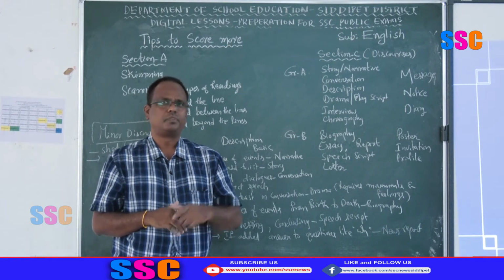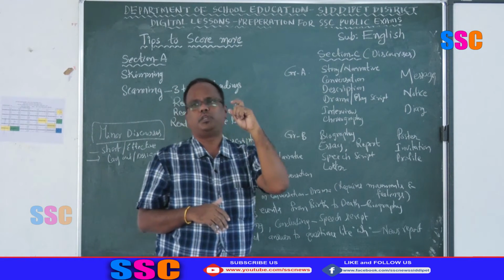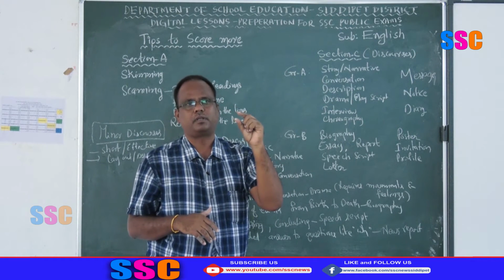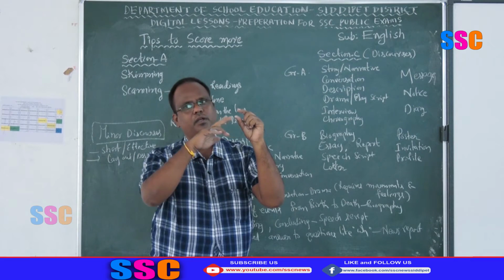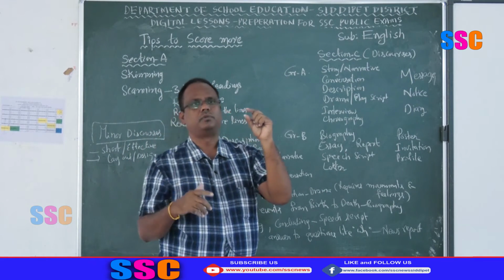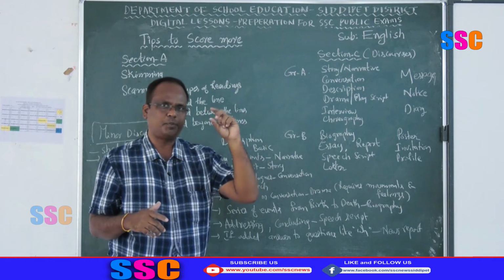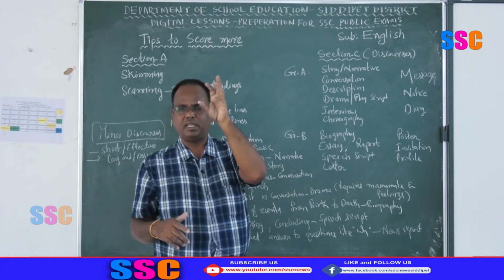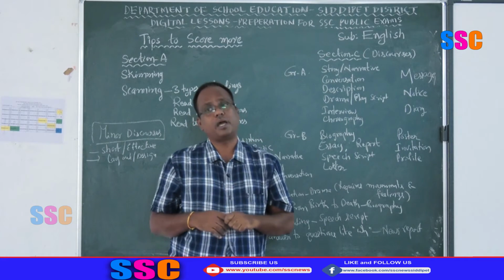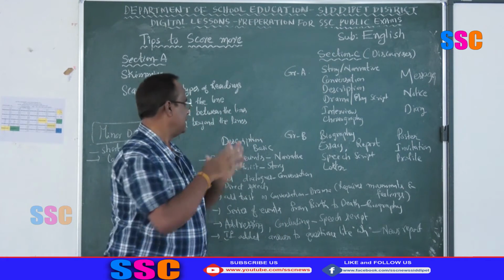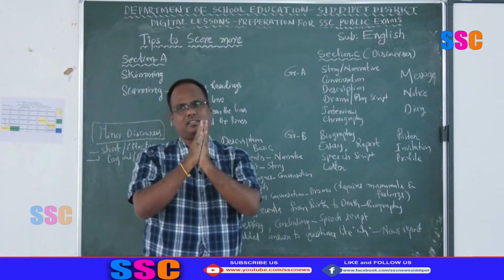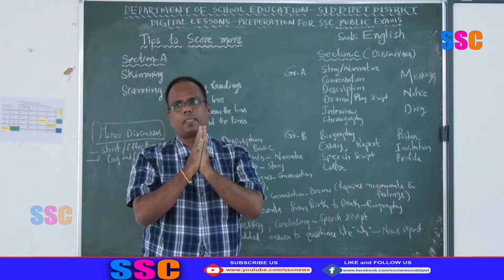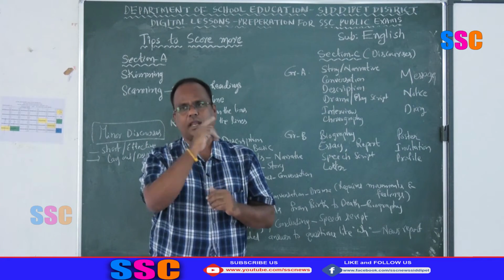So, once you are perfect in writing description, you can easily migrate to narrative. How? See, in description, we are giving details about one particular person or an incident or a place. But if you give these details in a series, like how the incidents took place, that becomes narrative.